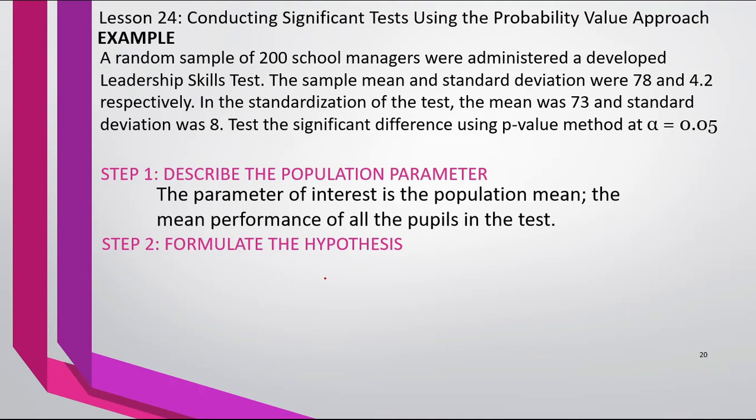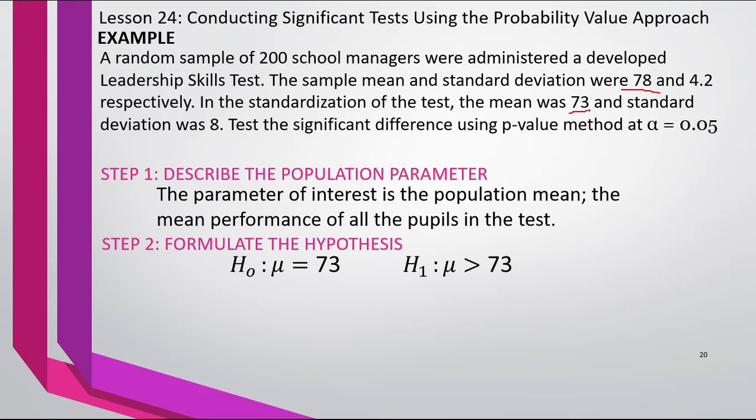So, greater than. Bakit? Kasi ito, 78. Yung 78 na average ng sample ay mas malaki compared to the population mean, which is 73. Ayan, very good. Kaya greater than.